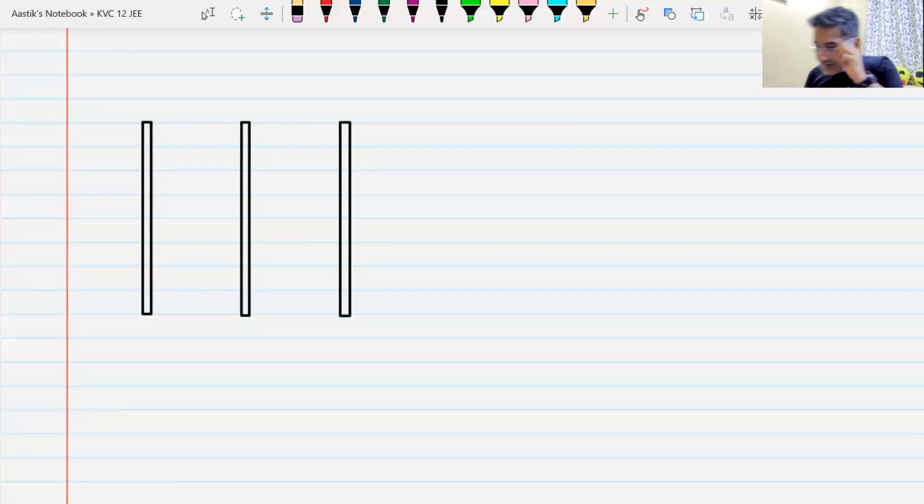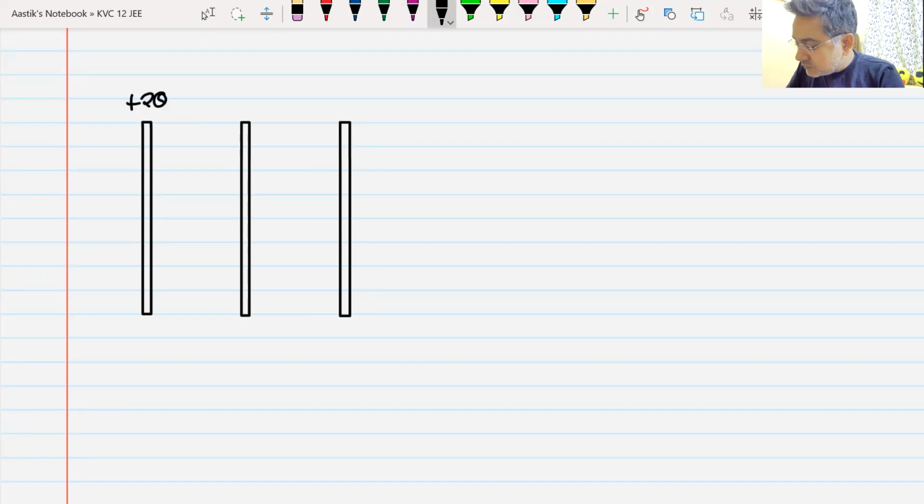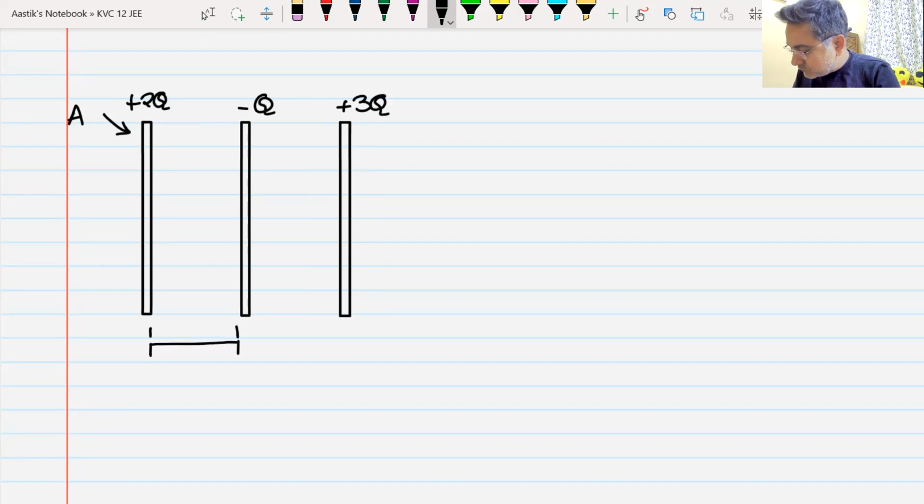So these are three plates, my dear friends. This plate has a plus Q charge. This plate has a minus Q charge. And this plate has a plus 3Q charge. All the plates have the same area A. The distance between the plates is D, between this plate and this plate, and between this plate and this plate.